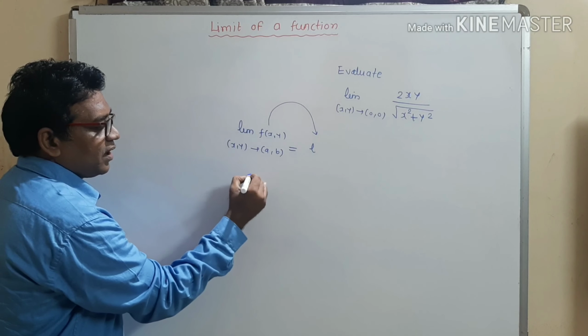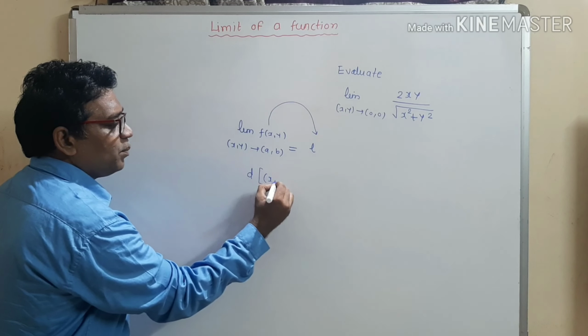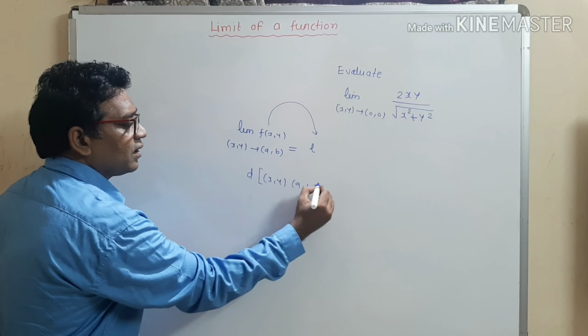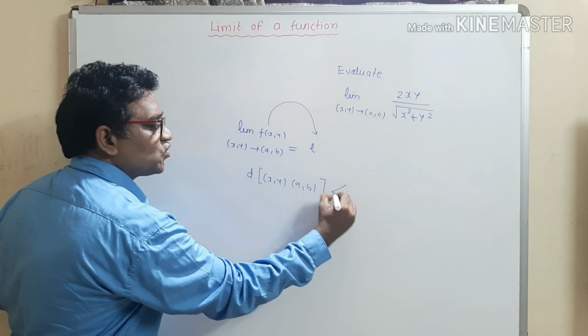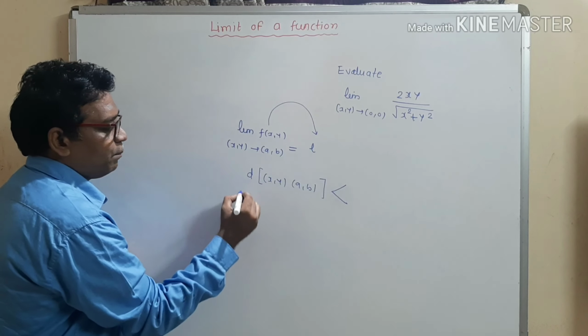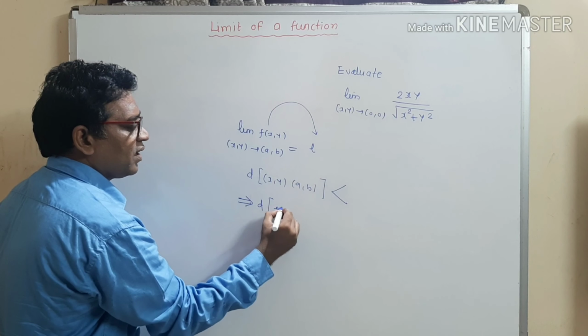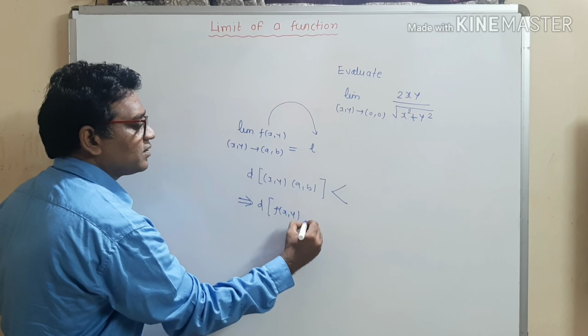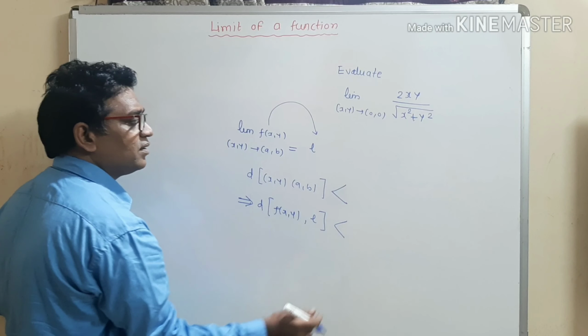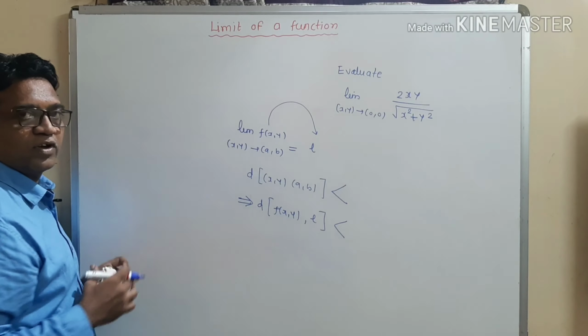distance between (x, y) and (a, b) can be made so small by making the distance between f(x, y) and L sufficiently small. This is the geometrical meaning of limit of function.